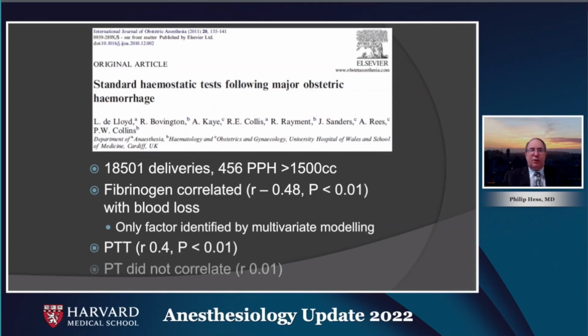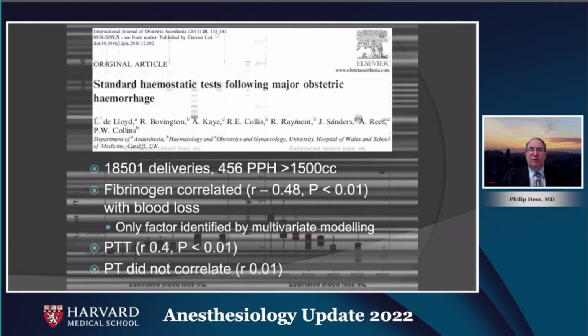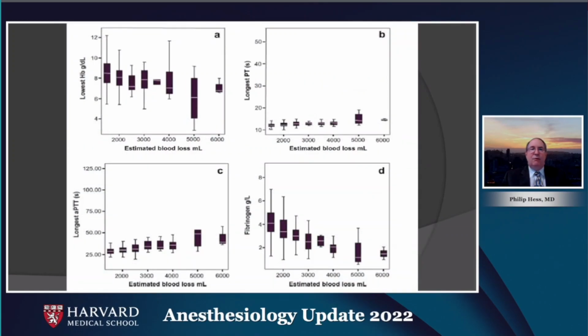Neither partial thromboplastin time nor prothrombin time correlated independently with blood loss. And what you can see here is that from 2 liters to 6 liters of blood loss, the teams were able to maintain hemoglobin levels pretty well. You do not see a dramatic rise in either PT or PTT with that amount of blood loss.